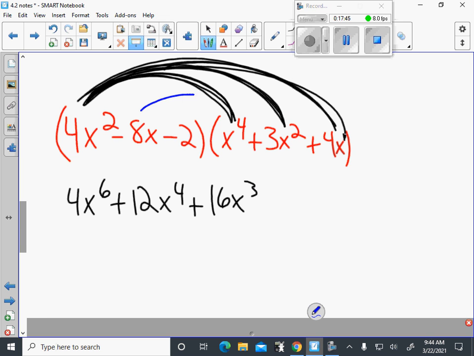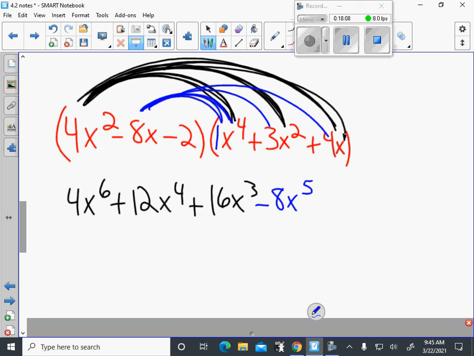Now we got to go the negative 8x to all 3. And let's start with this first one. Negative 8x times x to the 4th. Well, negative 8 times, we can say there's a 1 there. Negative 8 times 1 is negative 8. Now count our exponents. X to the 5th.